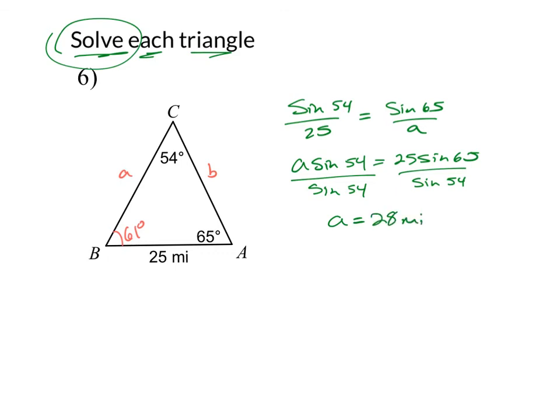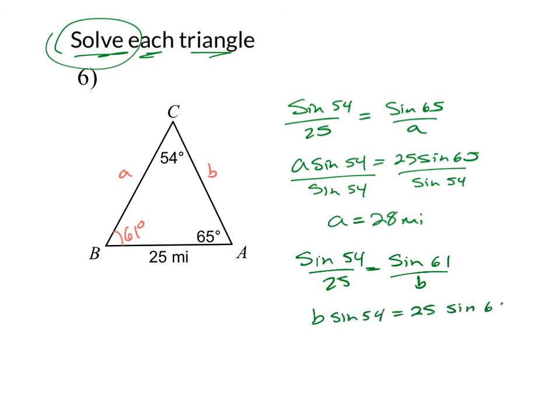Now I'm going to use this same ratio for finding B. So sine of 54 over 25 equals sine of 61 over B. And now we're just going to cross multiply. B times sine of 54 equals 25 sine of 61, divided by sine of 54. So B equals 27 miles.